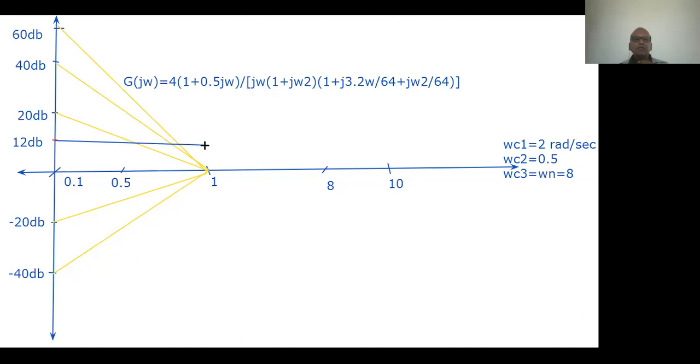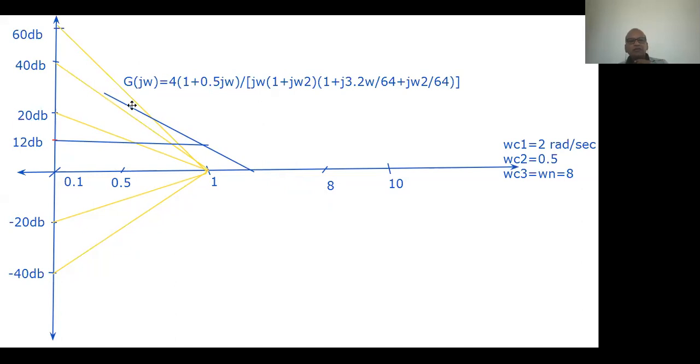At this corner frequency, you see, and here in j omega there is a minus, so again draw a line parallel to this. 12 dB is a straight line.